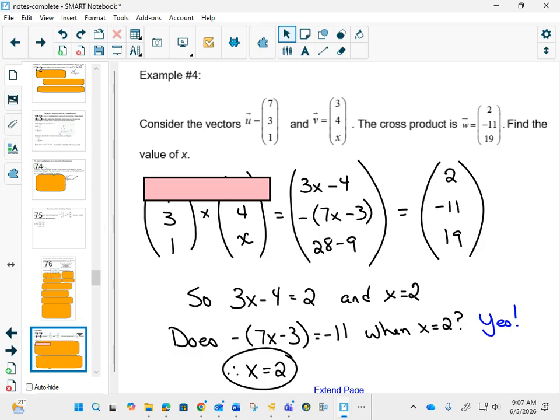I think I like the determinant method because the IJK method, I have to write out so much stuff before I can start it. And this one I can just sort of cover things and see what's left.